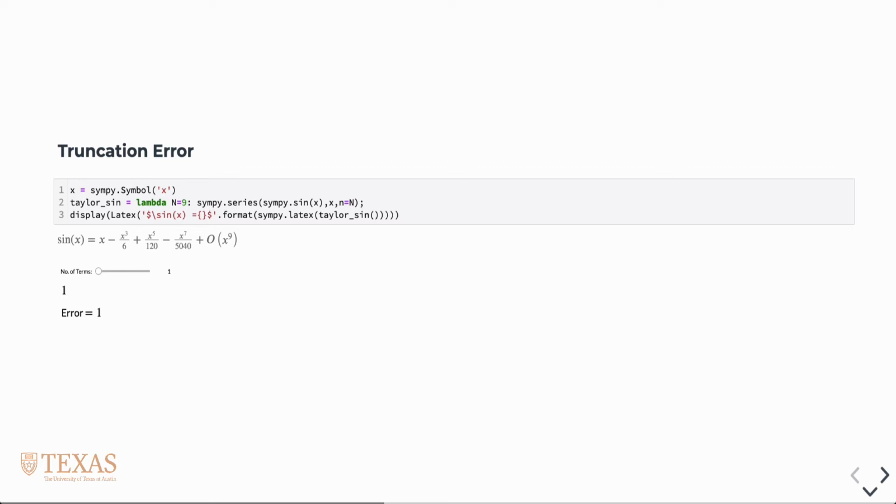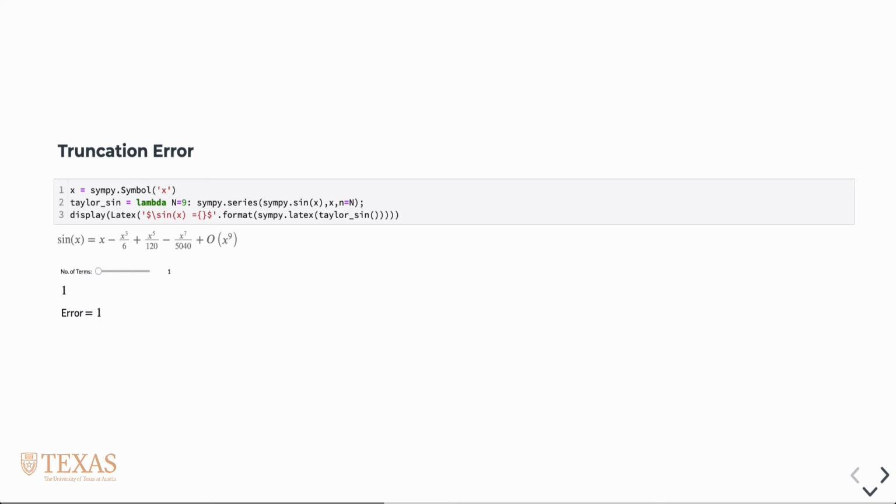So I've printed out our Taylor series here, and I've created a function in Python that will allow me to generate it, again, in this case, only up to the first 9 terms. If we evaluate that function at pi over 2, we know that the sine of pi over 2 is identically equal to 1, right?